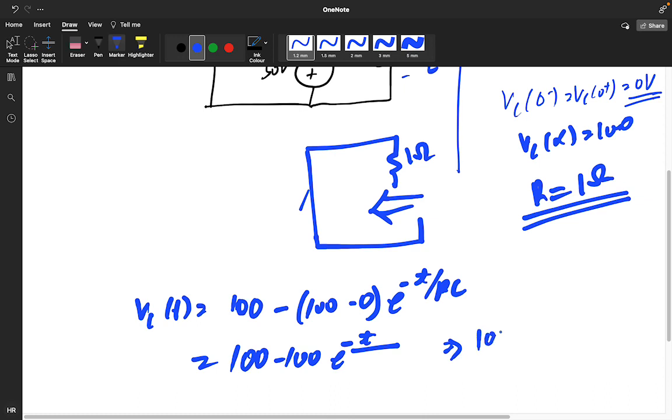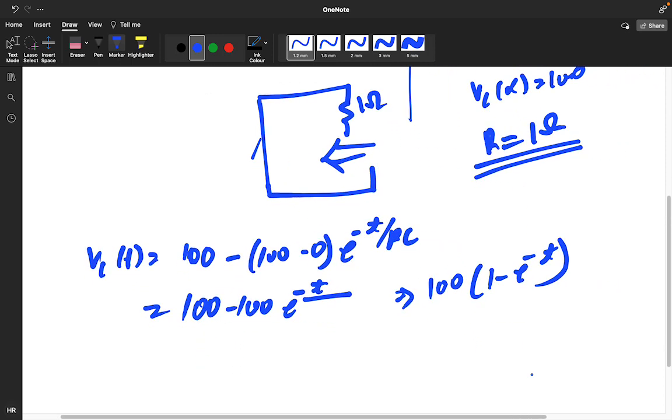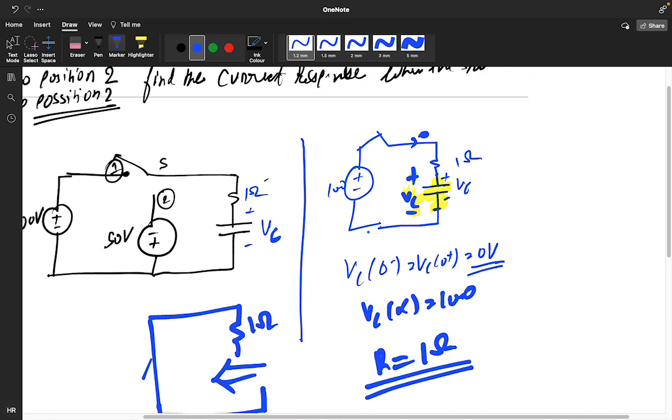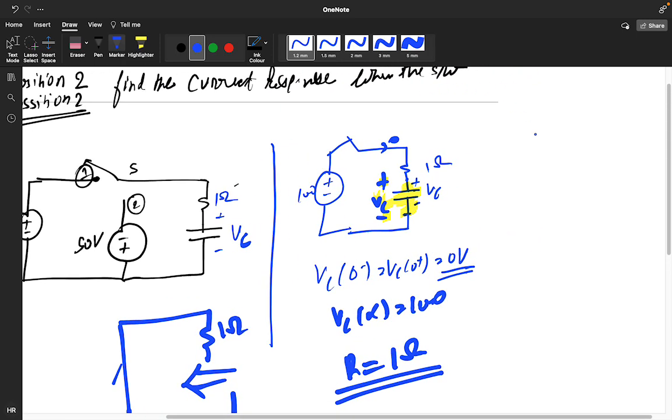So 100 (1 minus e power minus t). Okay, so this is the story for Vc of t for the first circuit. But guys, actually the thing is, we have a graph like this.